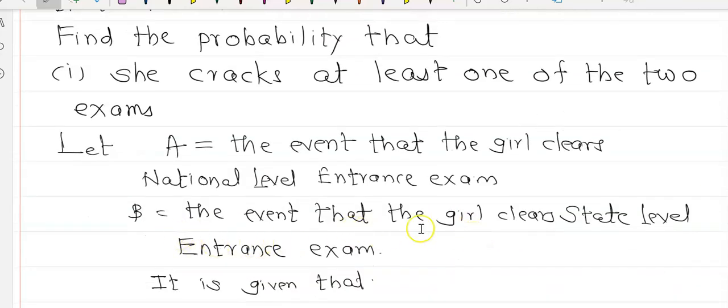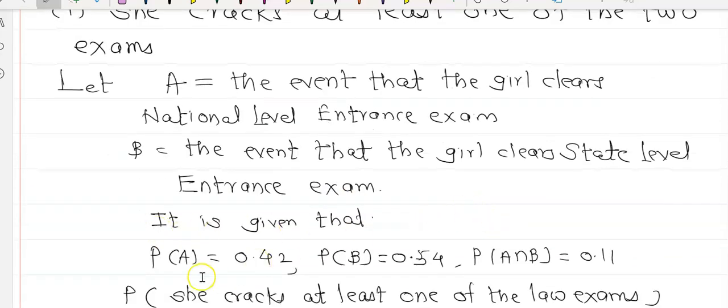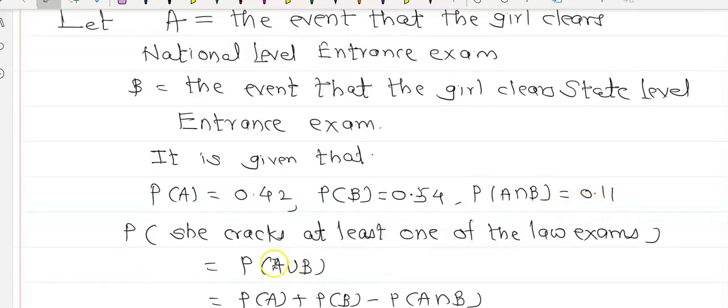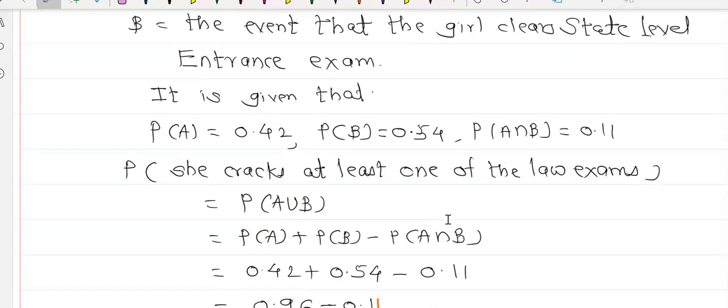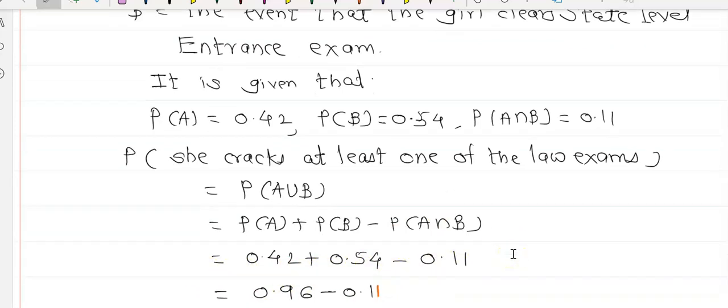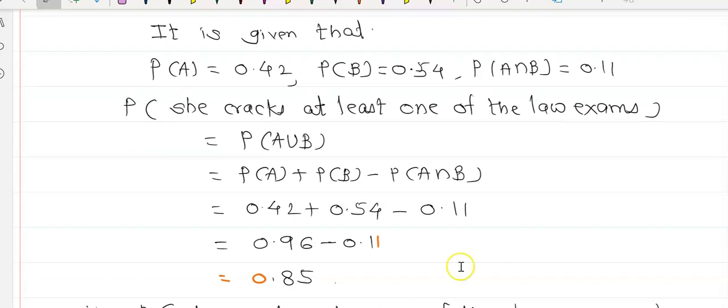B, the event that the girl clears the state level entrance exam. It's given that P of A is equal to 0.42, P of B is equal to 0.54, P of A intersection B is equal to 0.11. She cracks at least one of the two exams, that is we want to find out P of A union B. That is equal to P of A plus P of B minus P of A intersection B, that is equal to 0.42 plus 0.54 minus 0.11, and that is nothing but 0.85.